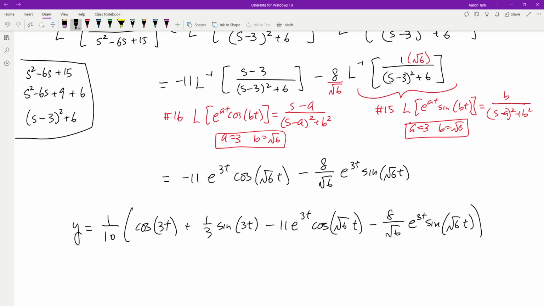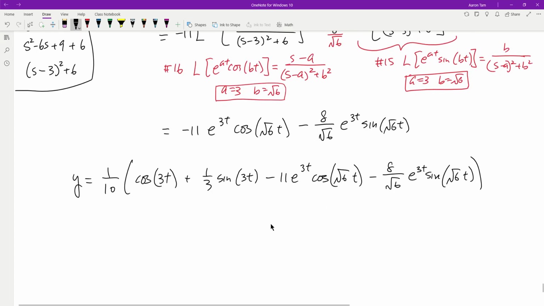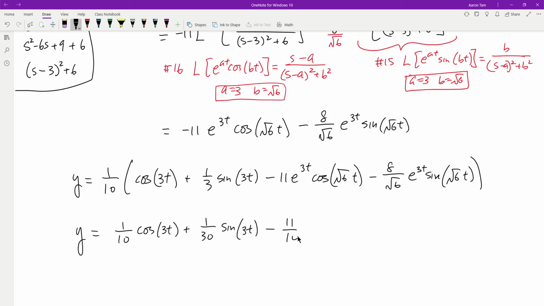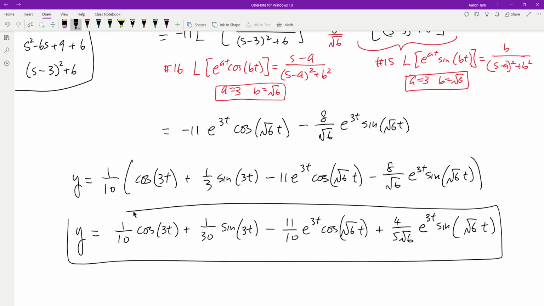And so now my final answer, if I simply distribute, I would have this. 8 over 10 is 4 over 5, so I would say 4 over 5. So that's the best answer you can give me.